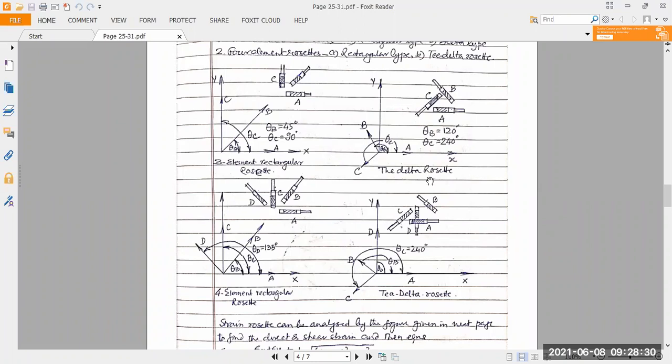So what is OB? What is theta B? This is equal to 120 degrees. Meaning this is 90 degrees between the x and y axes plus 30 degrees. So OB is inclined at an angle of 30 degrees with OY, and OC is equal to 240 degrees, meaning another 120 degrees from theta B. So from here it is 240, and 240 minus 180 is equal to 60.